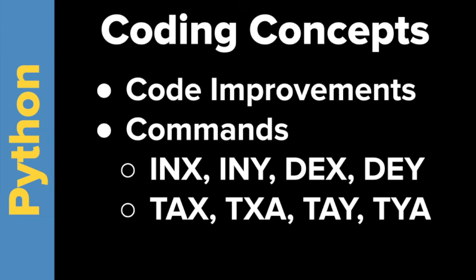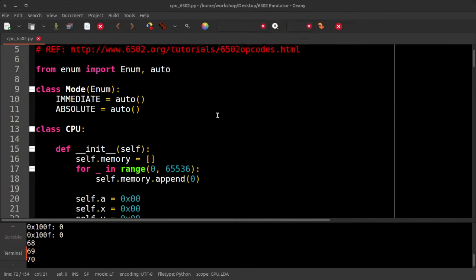INX means increment X, INY means increment Y, DEX means decrement X, which means subtract 1, and DEY means subtract 1 from Y, decrement Y. TAX transfers A to X, TXA transfers X to A, and by the same token, TAY transfers A to Y, and TYA transfers Y to A. So let's go ahead and code those, and that's how we'll wrap up this particular video.